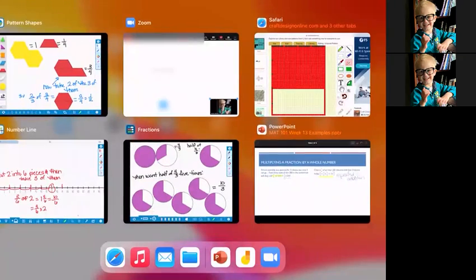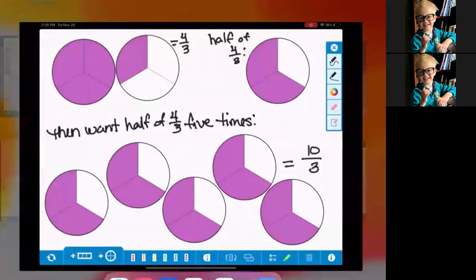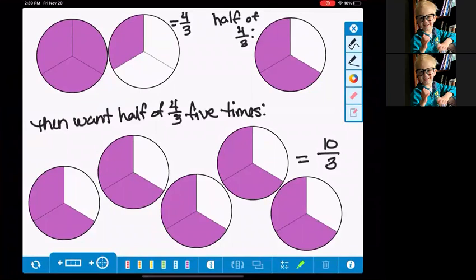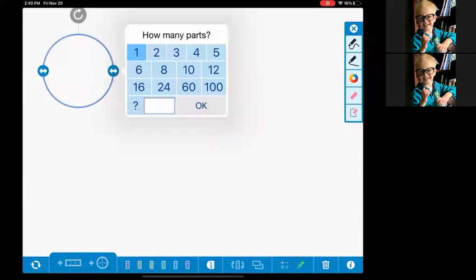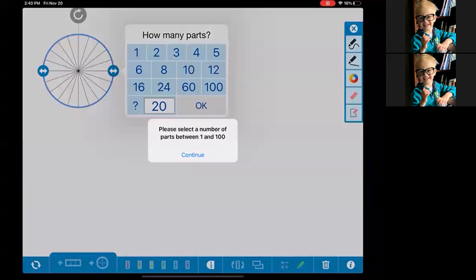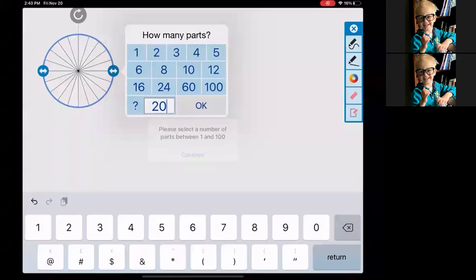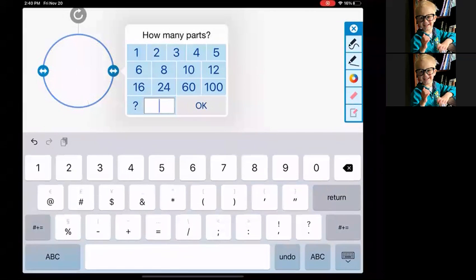Let's see, we can also think about it. Sorry, I wanted to clear that. We can also think about it as, oh, the apple, let me do that.